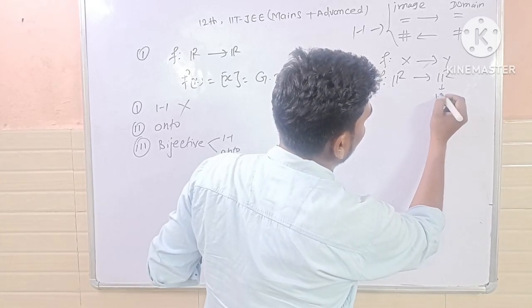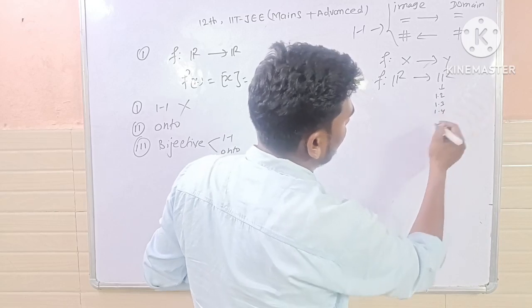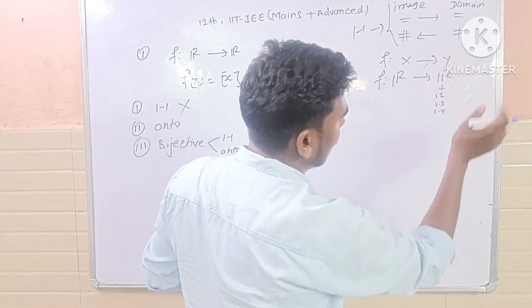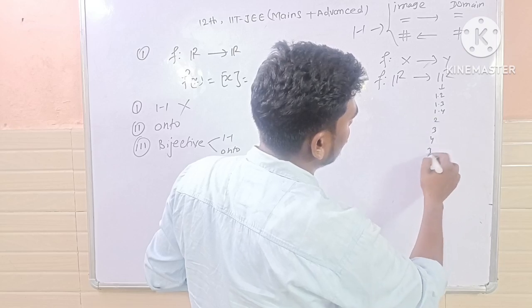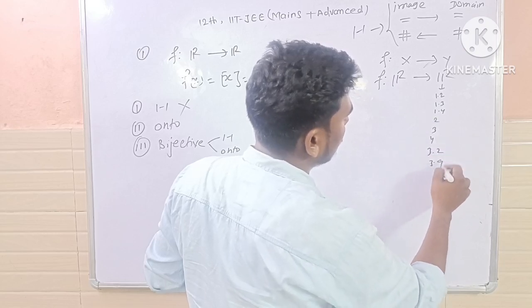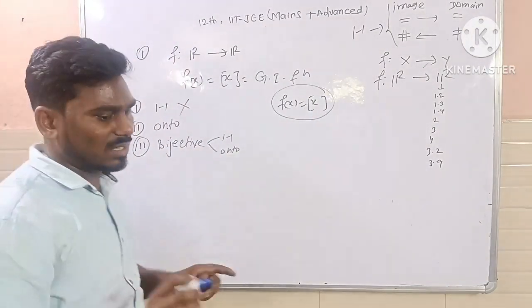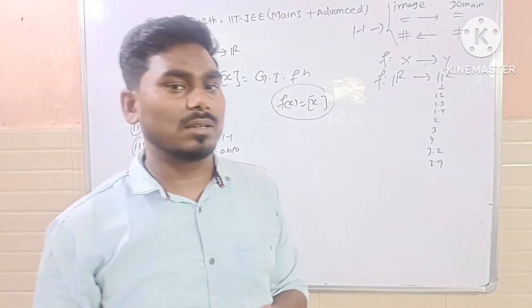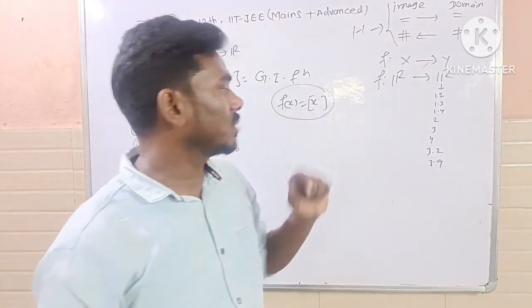It can have 1, 1.2, 1.3, 1.4. You can list lots of members because R is uncountably many, 2, 3, 4, 3.2, 3.9. But as you know, this function always gives you an integer, the greatest integer less than or equal to x.